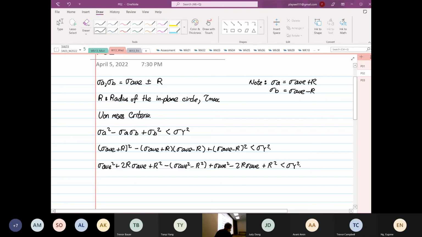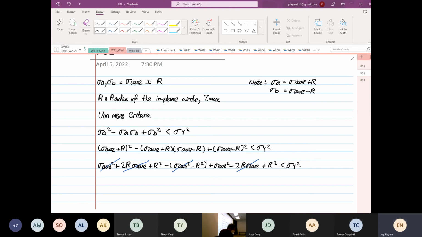So what we can do is we can get rid of this term over here, and this term over here. So stress average, you can get rid of this, and get rid of this, but you still have one stress average squared left.